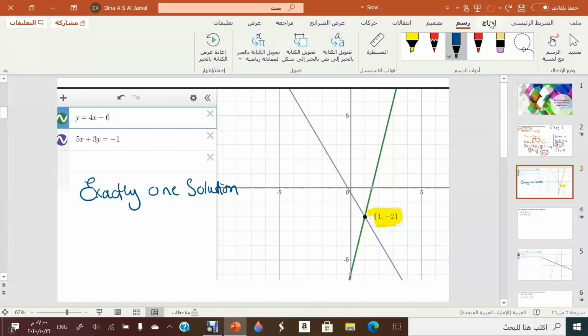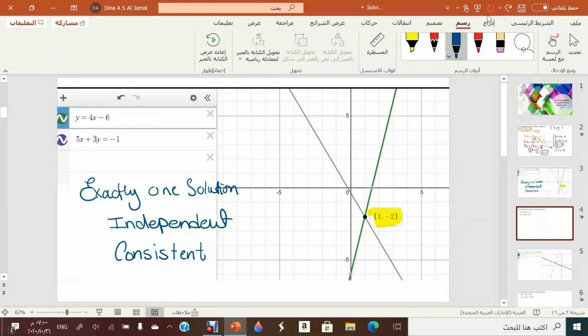Also, because it is only one solution, it is independent and it is consistent. So you need to know how to solve it using substitution and by graphing.